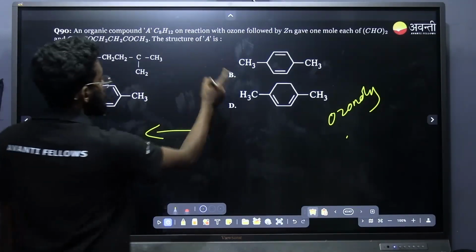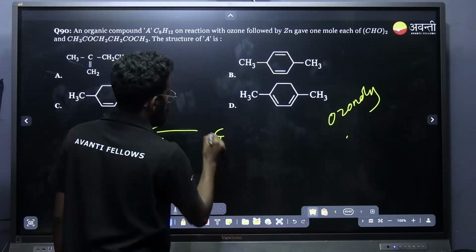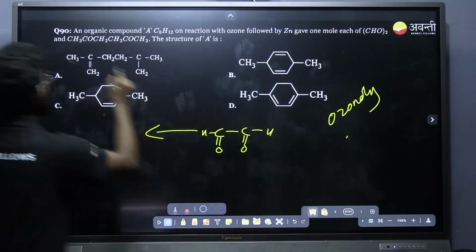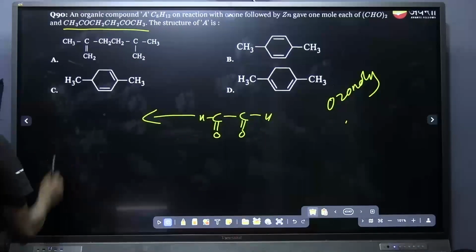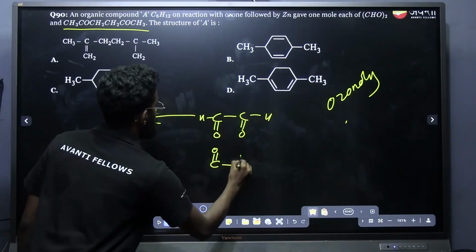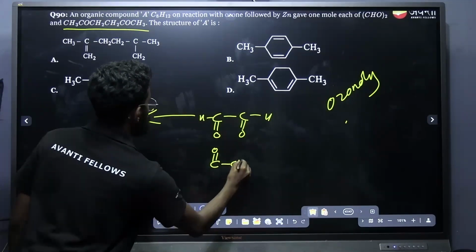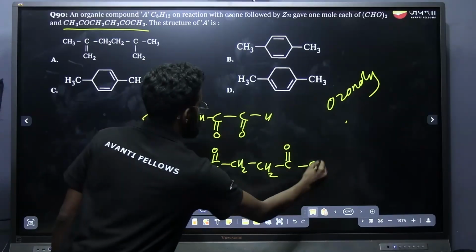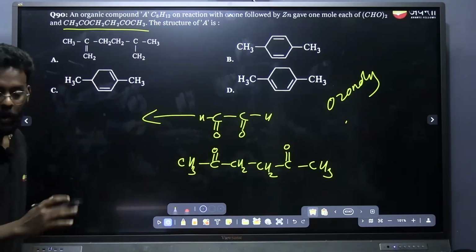Here the products that are formed are CHO, that is C double bond O, and what is the other product formed here? CH3CO, CH2, CH2CO, C double bond O, C double bond O, CH2, CH2, C double bond O, CH3 and CH3. How can you find out the product?